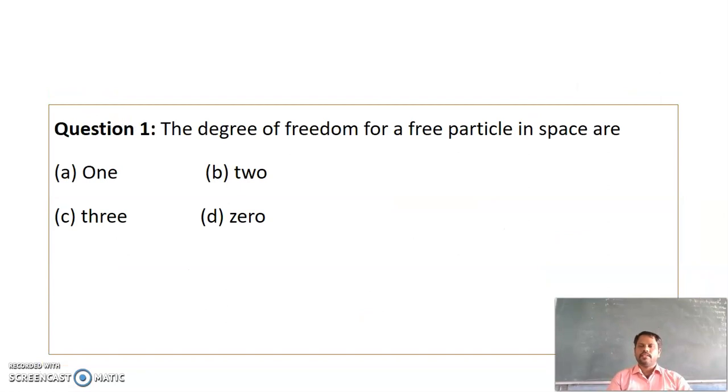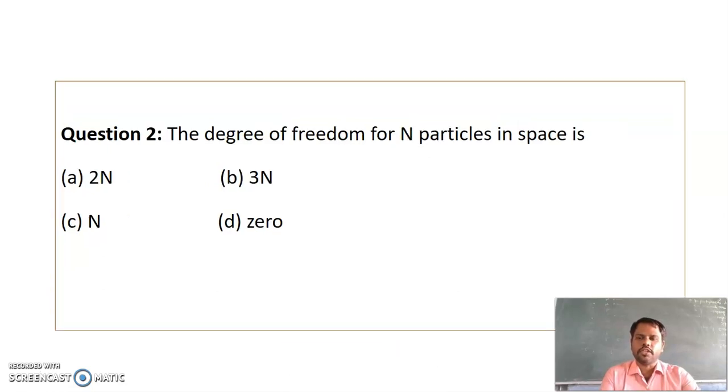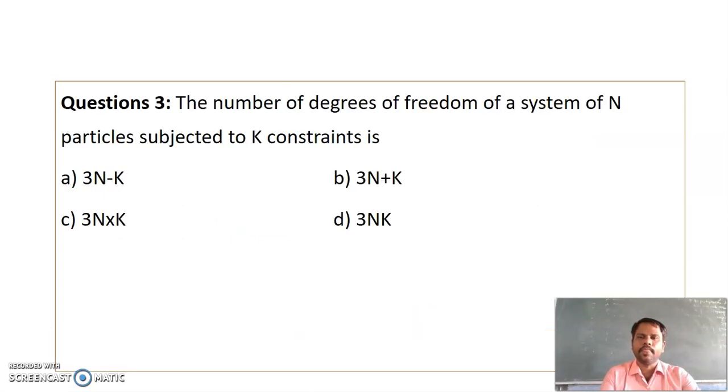So now let's have a small MCQ session. Question number 1. The degree of freedom for a free particle in space is 3. Question number 2. The degree of freedom for n particles in space is, answer is 3n. Question 3. The number of degrees of freedom of a system of n particles subjected to k constraints is, answer 3n minus k.